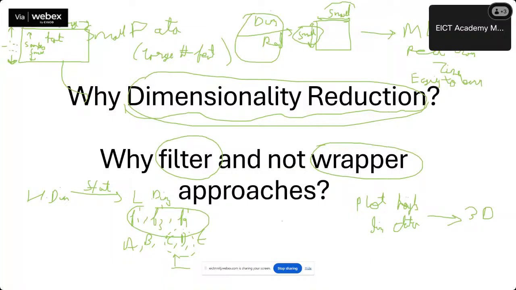So in the wrapper approaches, we take a machine learning model which does the entire classification, and we use another machine learning algorithm to select the subset of features.